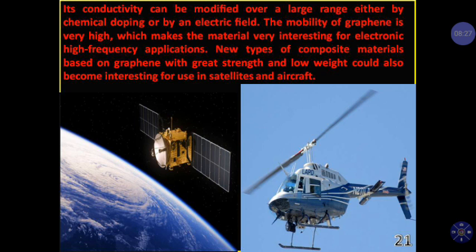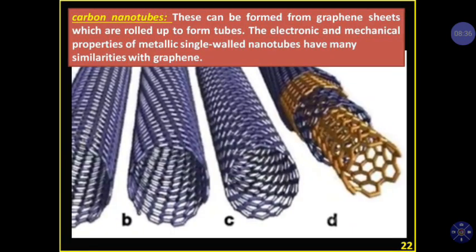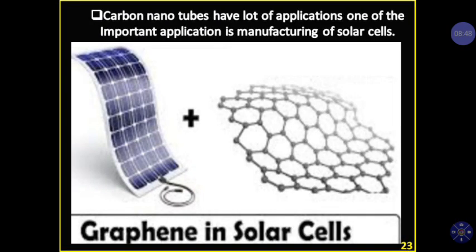Because of its lightweight and high strength, it can be used in satellites and aircrafts. Carbon nanotubes are formed by rolling single layer of graphene. Carbon nanotubes have a lot of applications. One important application is manufacturing solar cells.